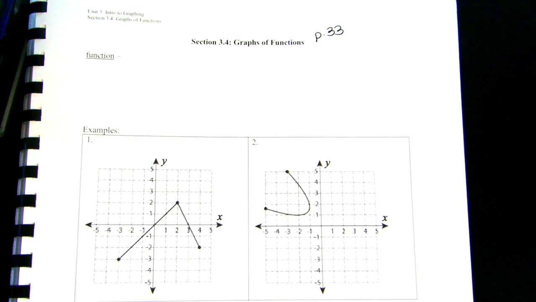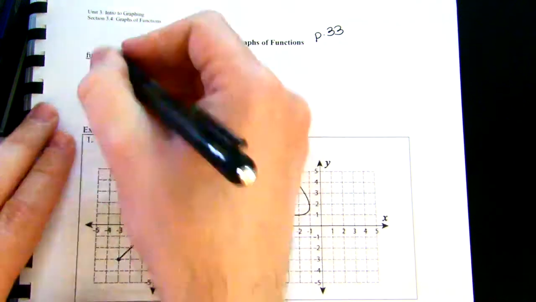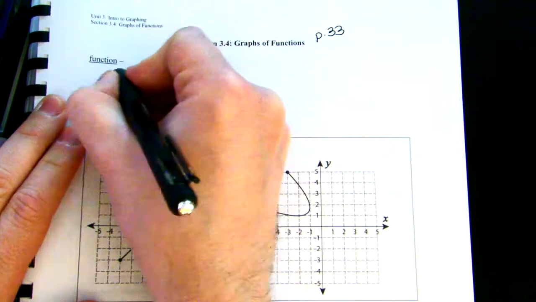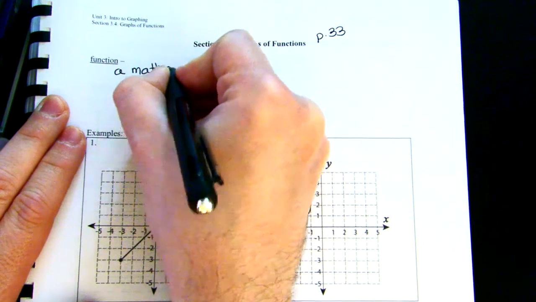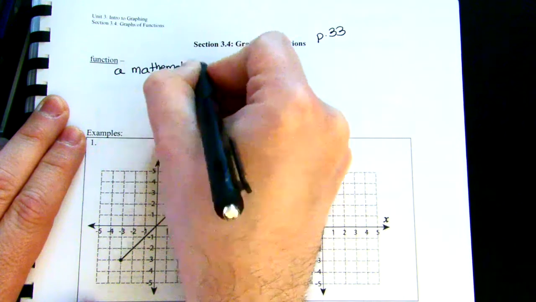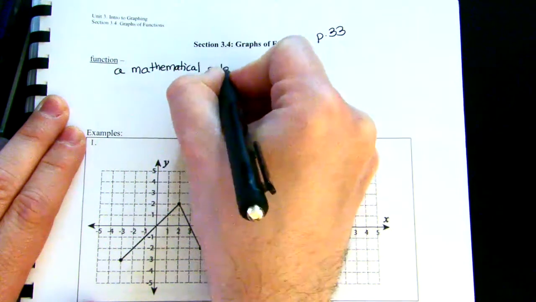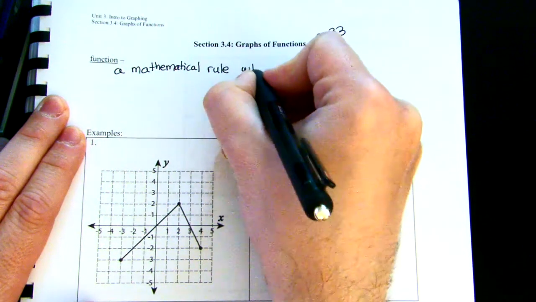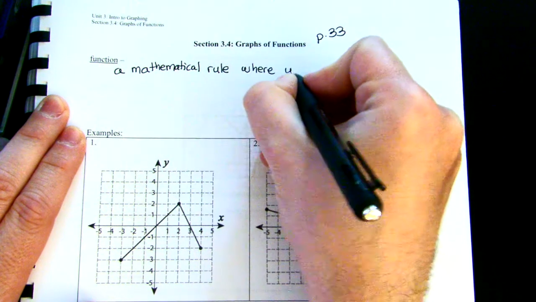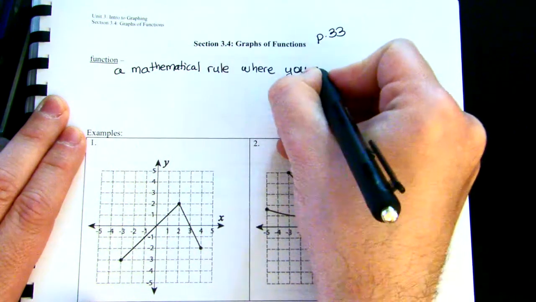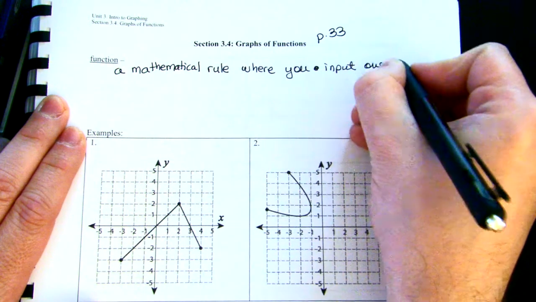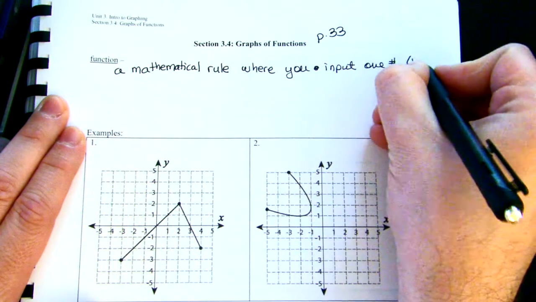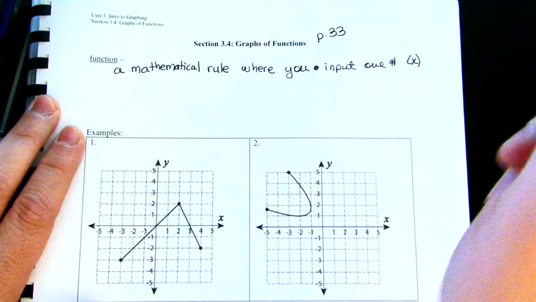First thing we're going to do is I just need to remind you of our definition of a function from yesterday, although I'm going to add a tiny bit in there. A function is a mathematical rule where you input one number, which is going to be our x value. We saw that yesterday with the f of x.